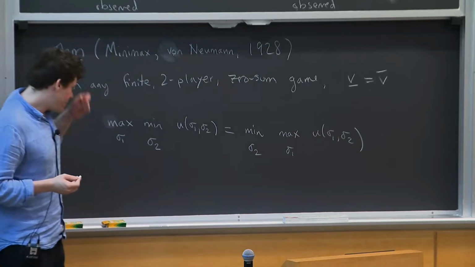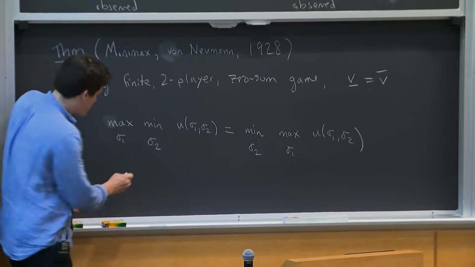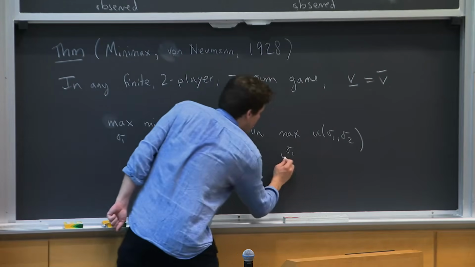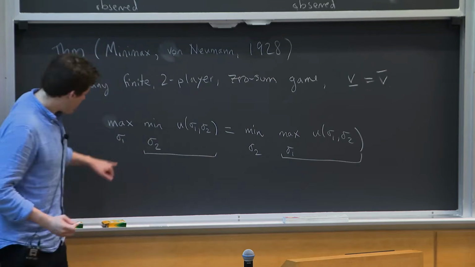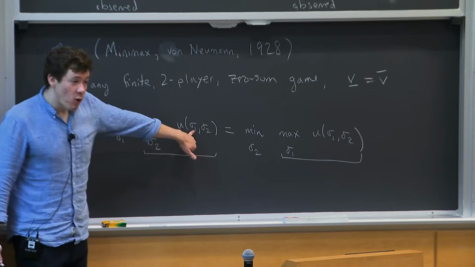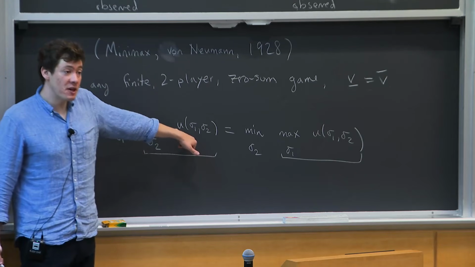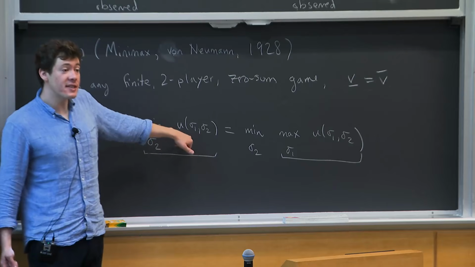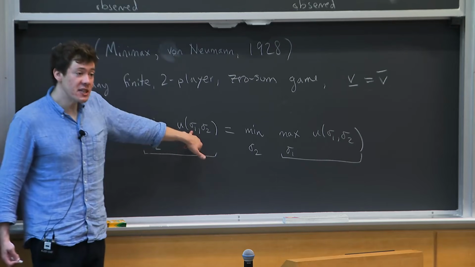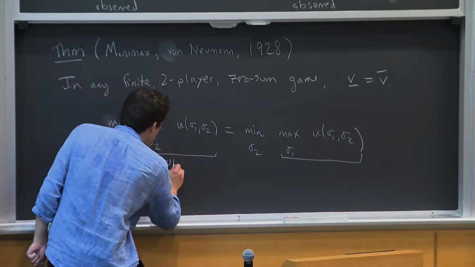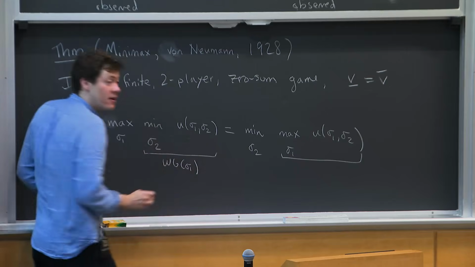Let's make sure this is what we mean to say. Let's look at each of these inner things. If player 1 plays sigma 1 and player 2 chooses sigma 2 to minimize player 1's payoff, this is the worst case gain for player 1 from choosing sigma 1. So this is exactly WG of sigma 1.